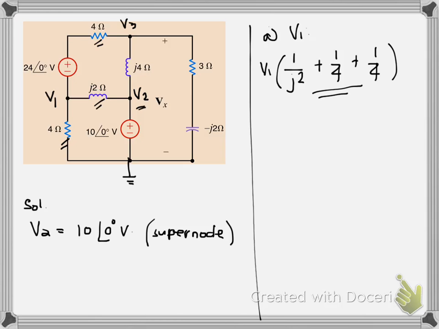These three elements are linked to V1, minus V3 times the shared element, which is 1 over 4.